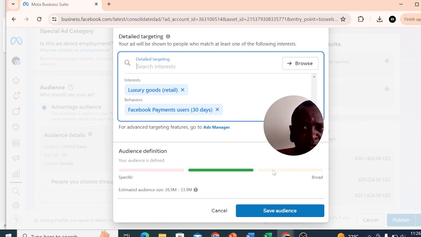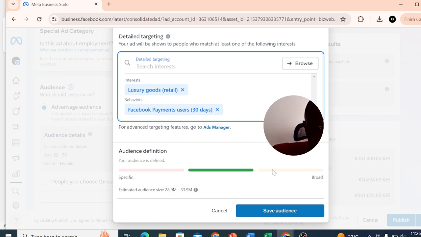So guys, the last thing that you can do is to find these people who can buy based on their behavior on Facebook. Okay, for example, we want to find people who have clicked on particular actions. For example, people who have clicked on shop now or buy button on Facebook.